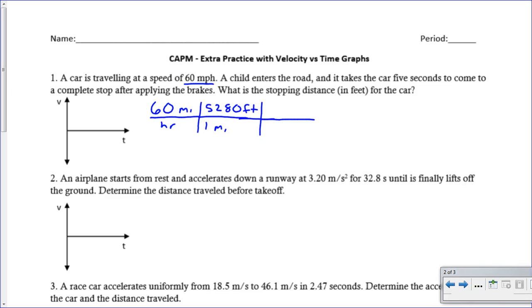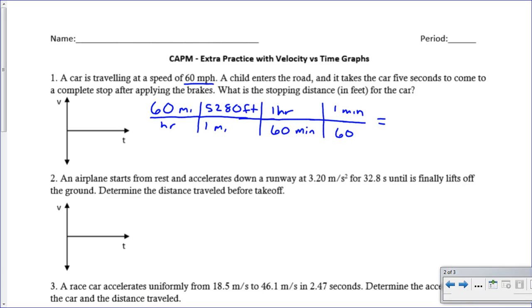And then we know also that in 1 hour, there are 60 minutes. And in 1 minute, there are 60 seconds.